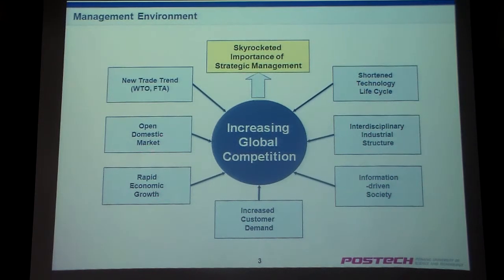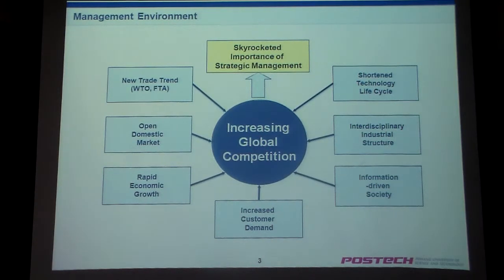Open domestic market: the market is more open, more globalized. And new trade trends like WTO and FTA, where a lot of trading is more globalized. So the conclusion is that global competition is increasing.